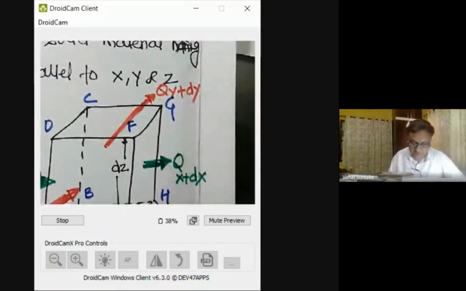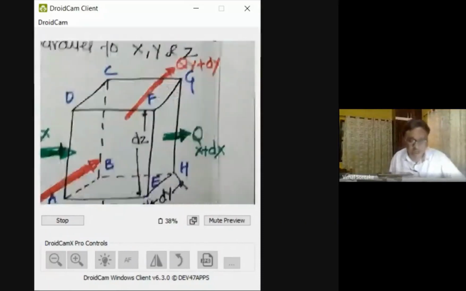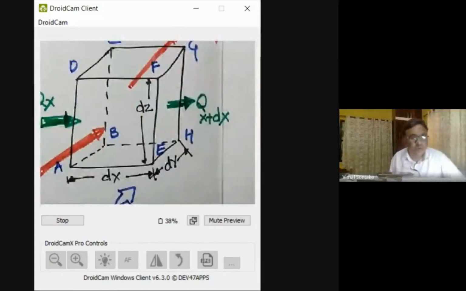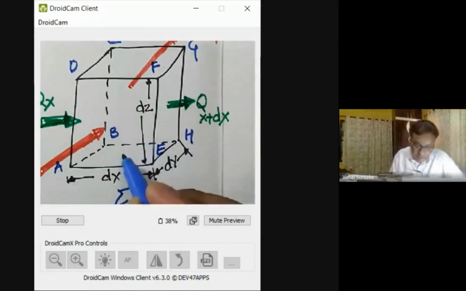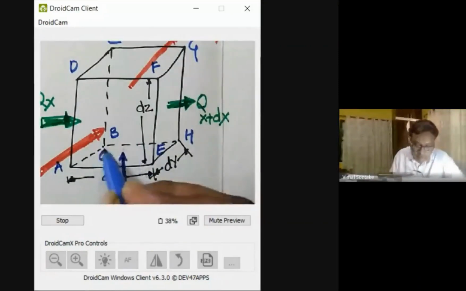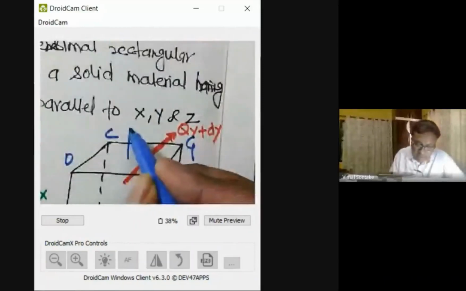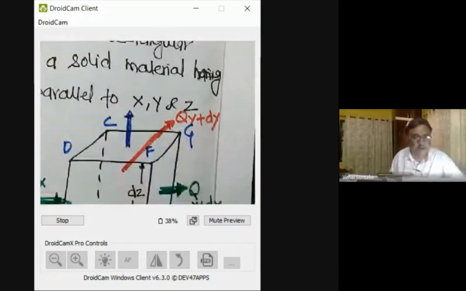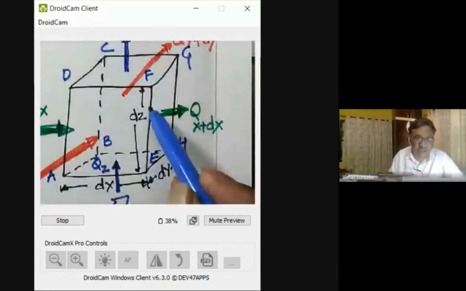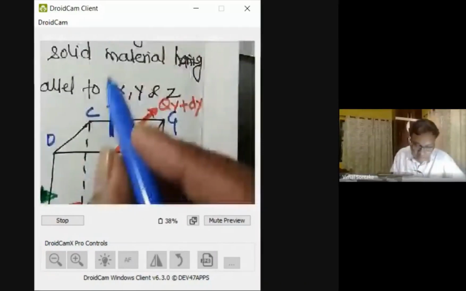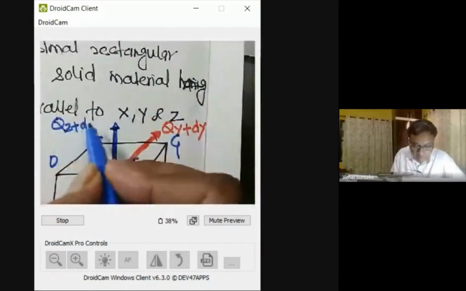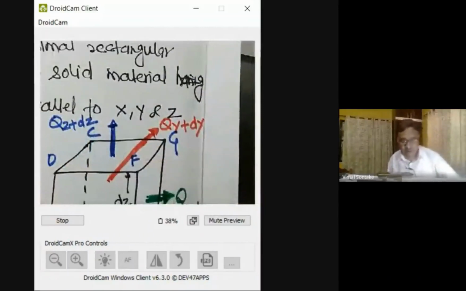And final direction is heat flow into this element at a distance of z is Qz, and heat flow out of this element at a distance of z plus dz is Q suffix z plus dz.